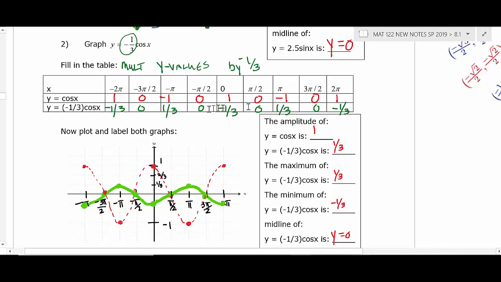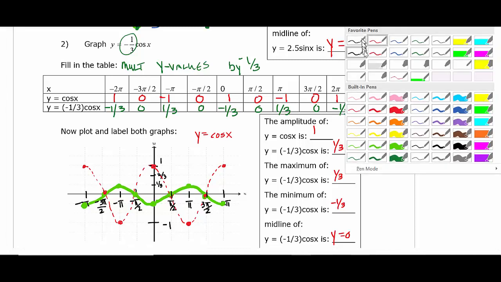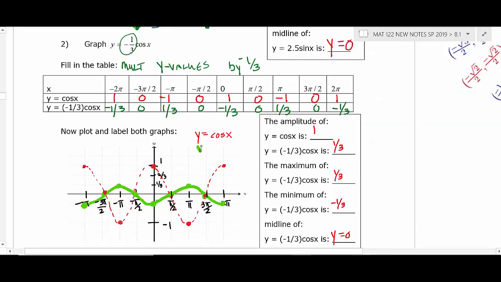So you want to make sure you did all your arithmetic correct and got that accurate. Then your graph goes like this. The red one is the cosine. That's the basic cosine. And then the other one is going to be the final product. So that would be y equals -1/3 cosine x. Okay, like that. Just make sure that your points are plotted.